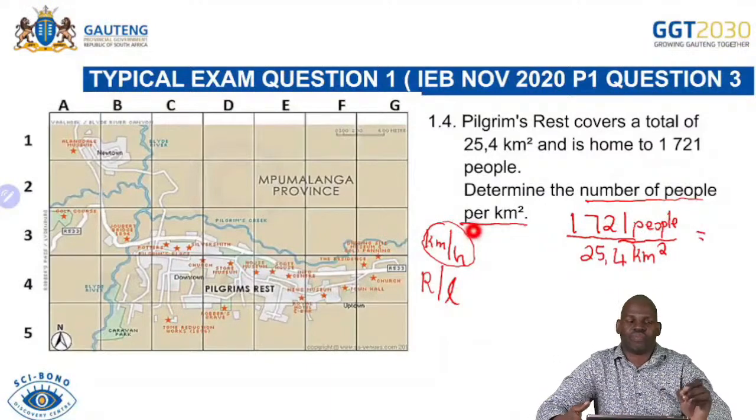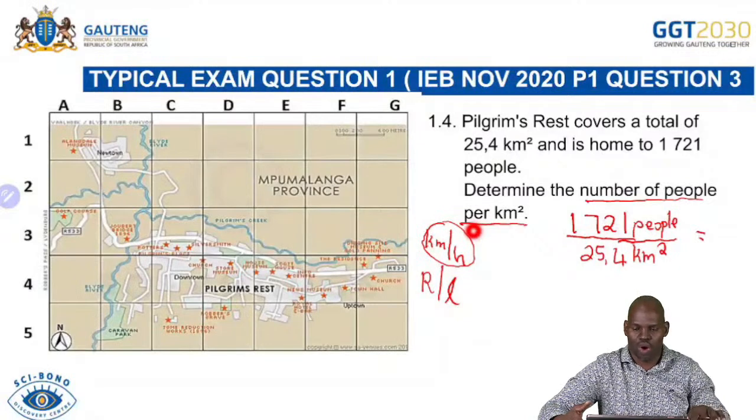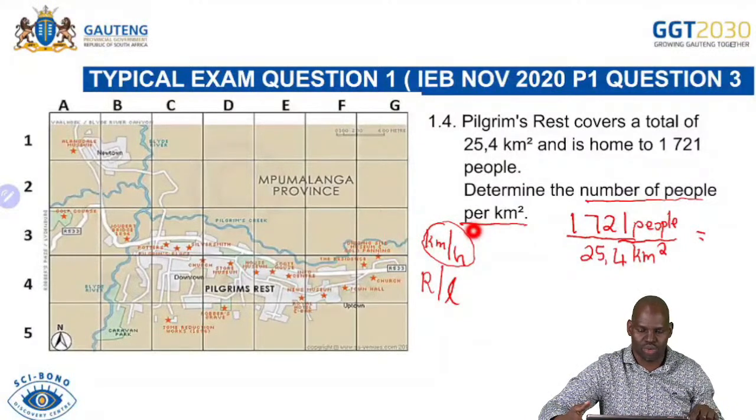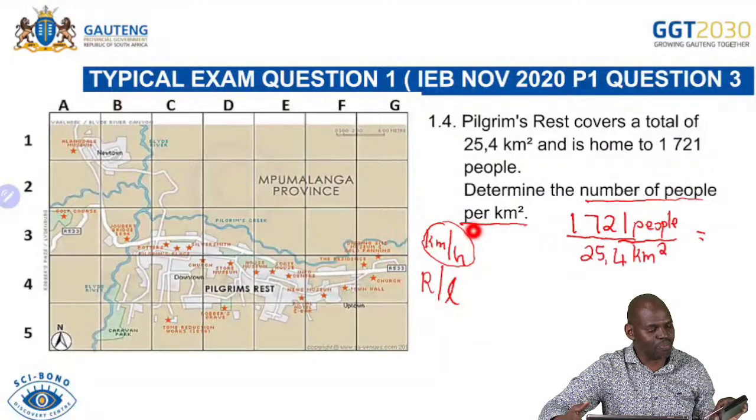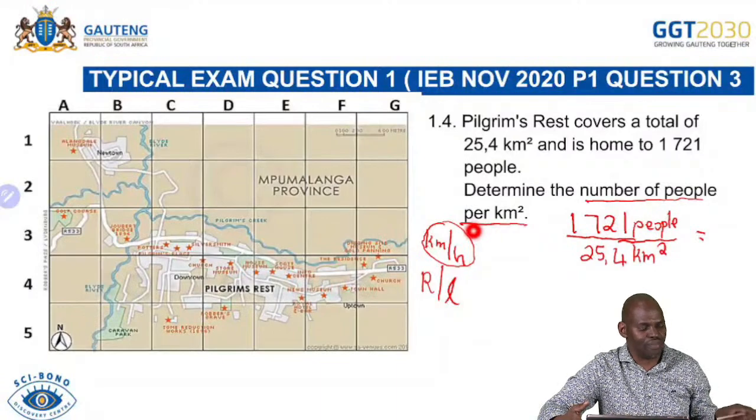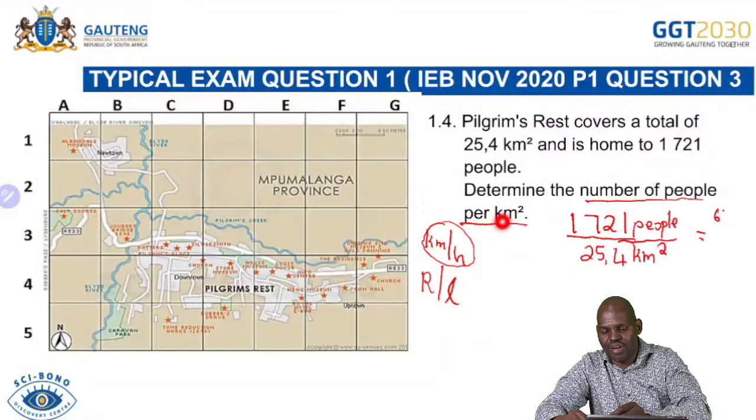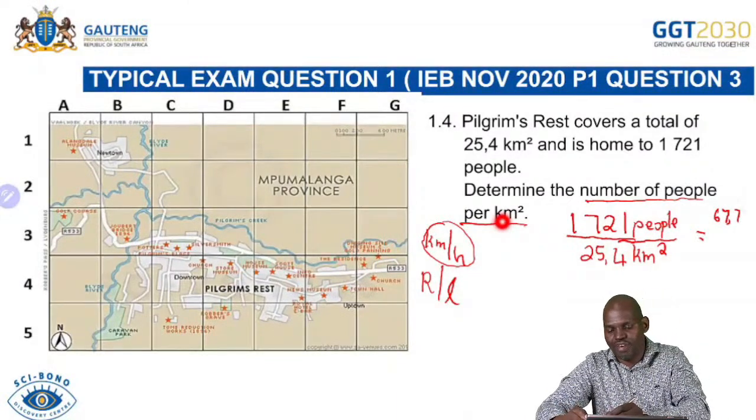Then the answer is, if you take your calculator, 1,721, you divide it by 25.4, you must get 67.7559, and so on and so on.